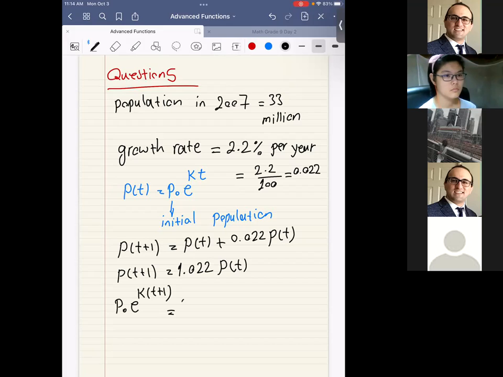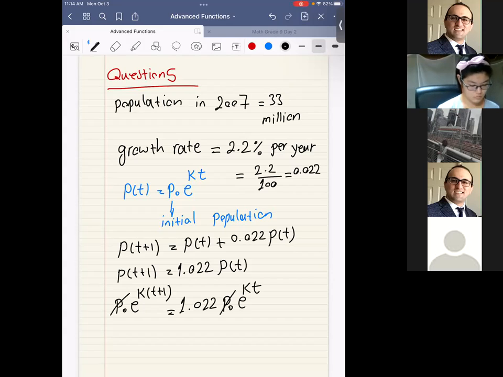On the right-hand side, you get 1.022 P0 e to the power kt. Now the P0 and P0 are gone.